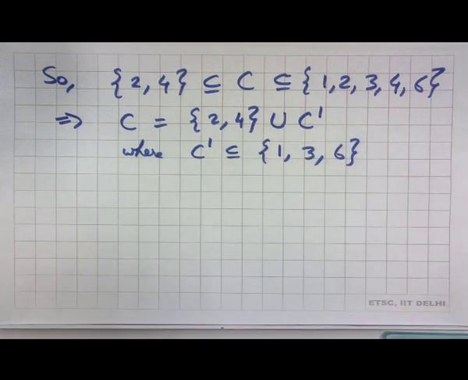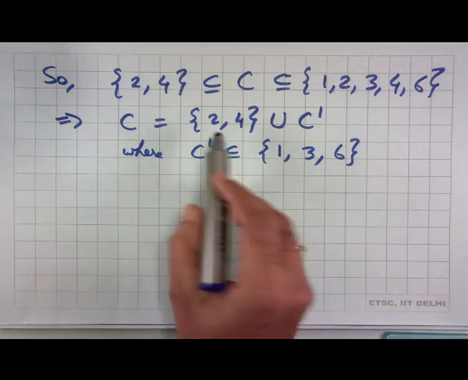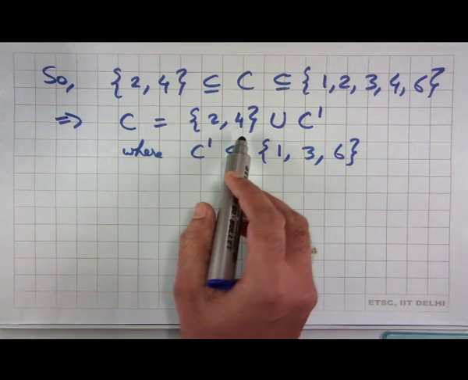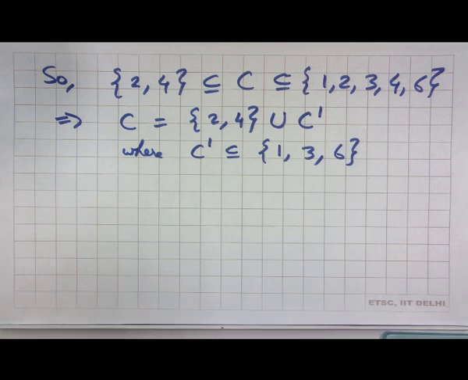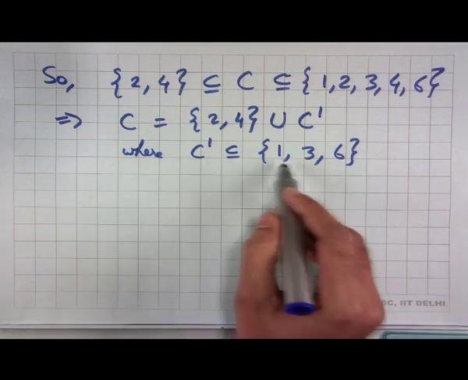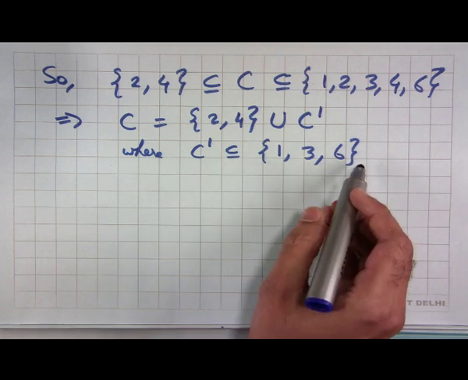So, you write C as a disjoint union of {2, 4}, we know that 2 and 4 must be there, and then it can have other elements which have to be from the set {1, 3, 6}, right.